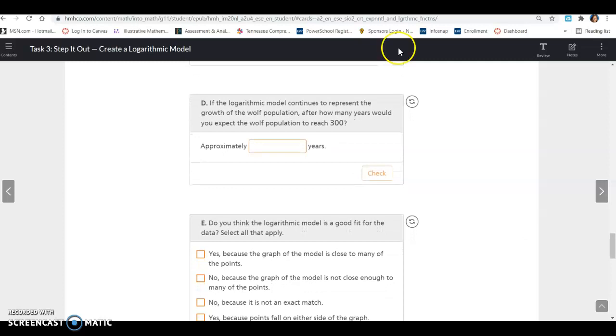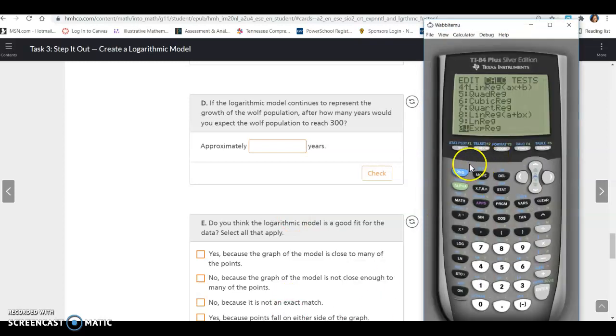All right, it wants to know when you can find a certain population. So you can do that using your table of values. After how many years would you expect the wolf population to reach 300?